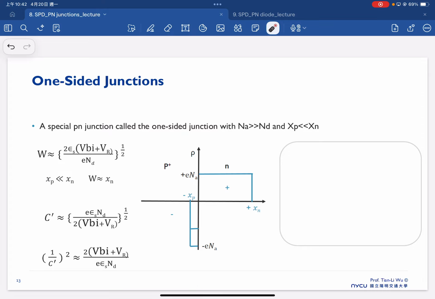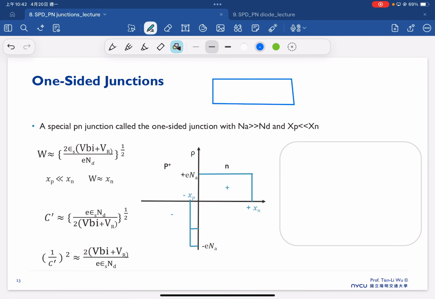For example, if we have a junction where we consider a P++ versus an N here, with the junction in the middle, we can call this a one-sided junction.